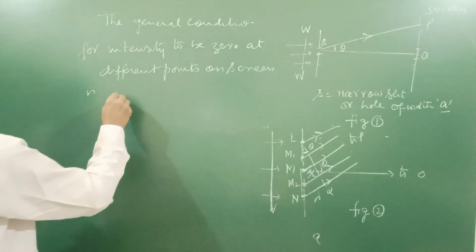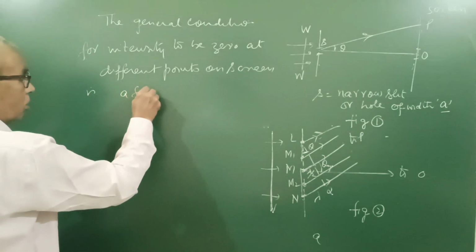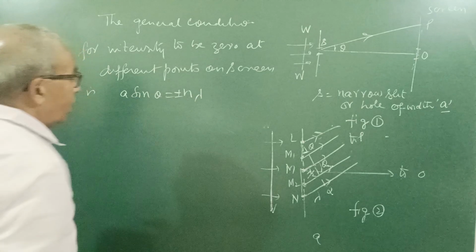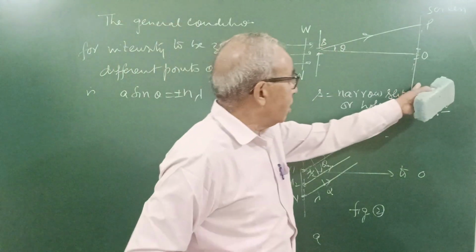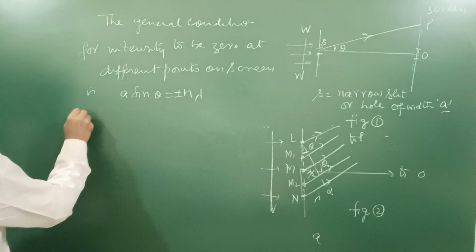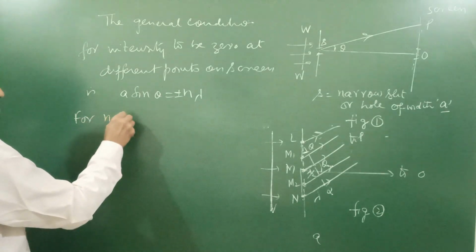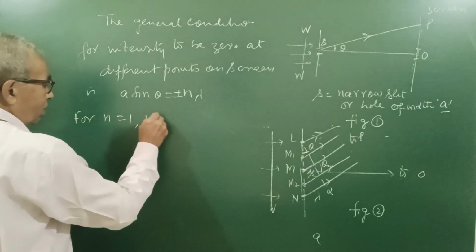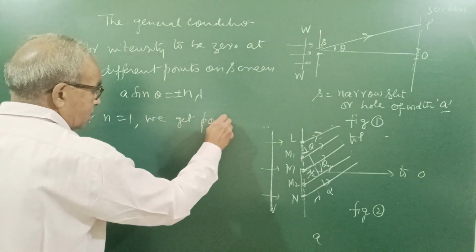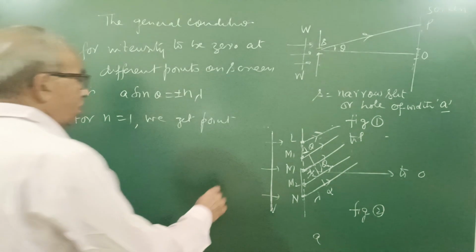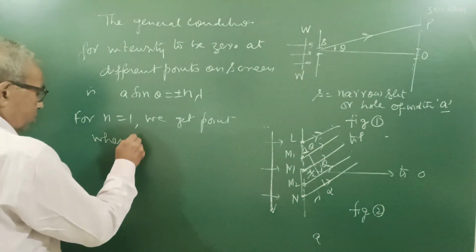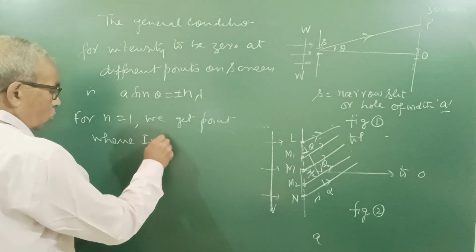So A sin theta is equal to plus minus n lambda. Minus means this side also. But for n equal to 1, we get the first point P where intensity is 0.